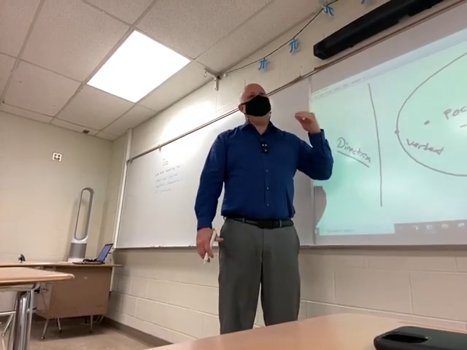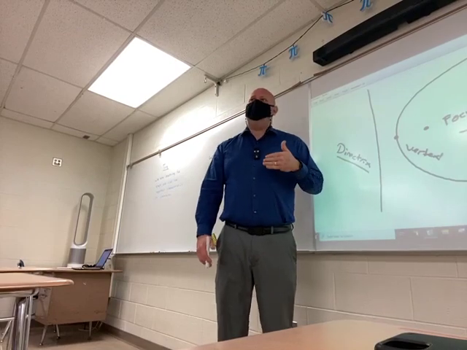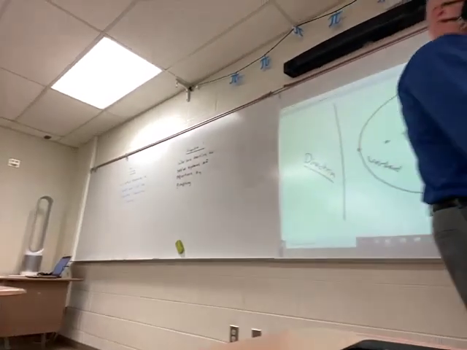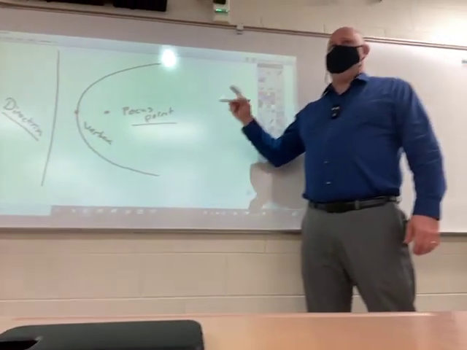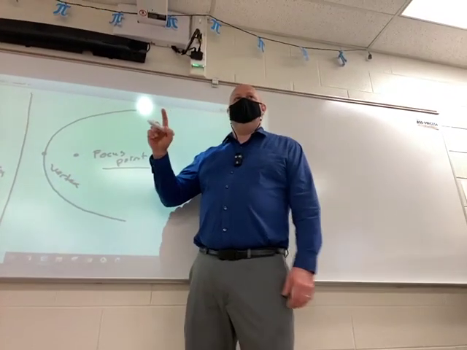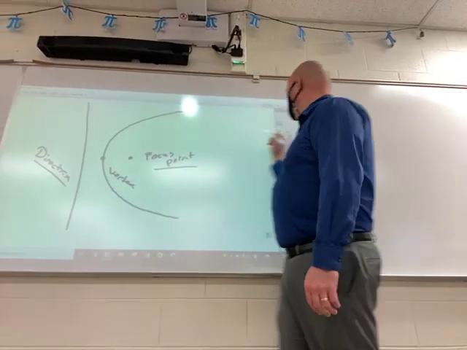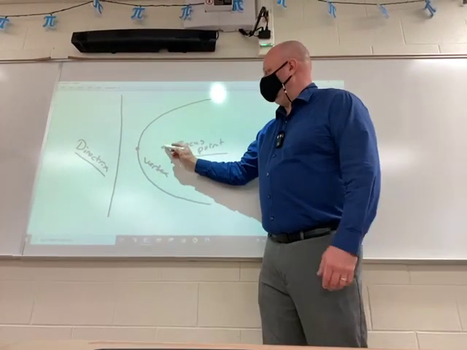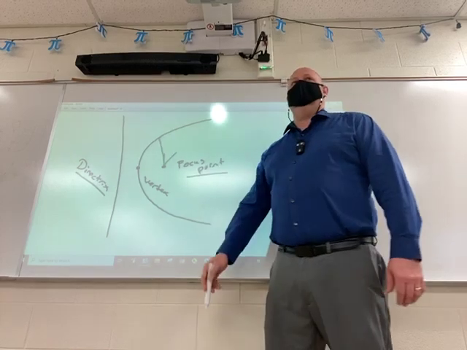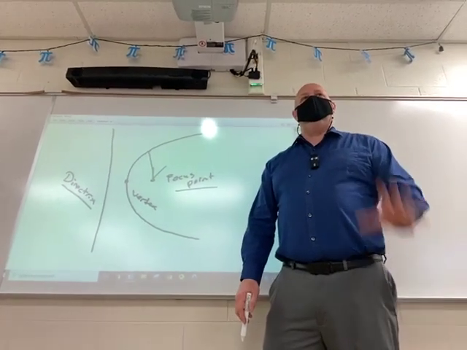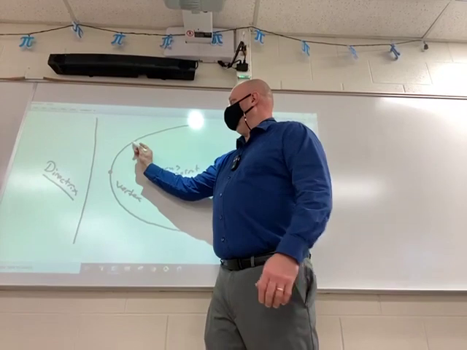But one of the cool reflective properties of parabolas is if anything leaves the focus point, okay? If anything leaves that point and it hits the parabola, it gets reflected.